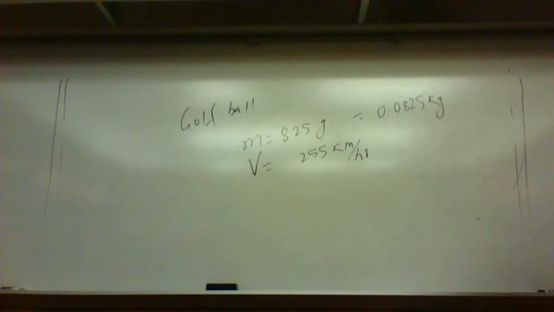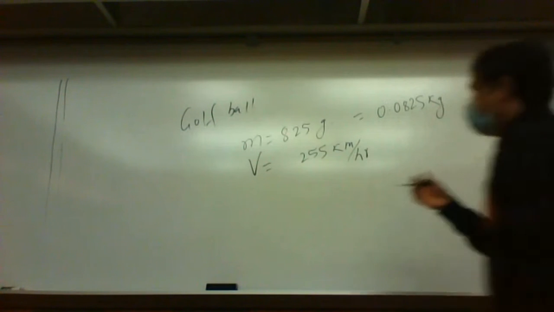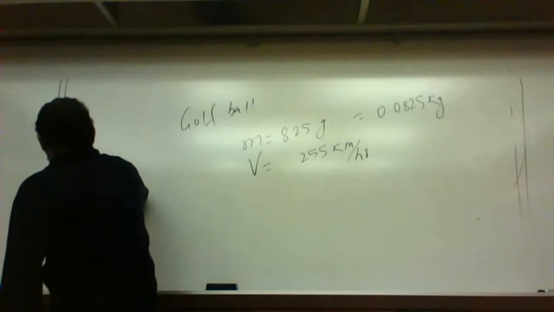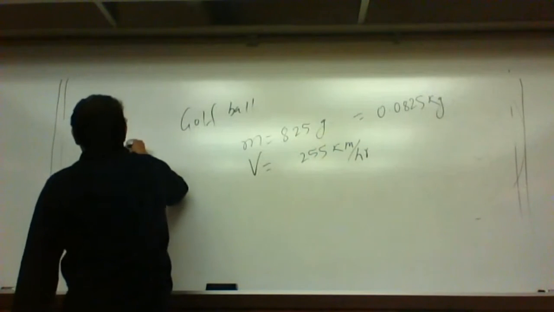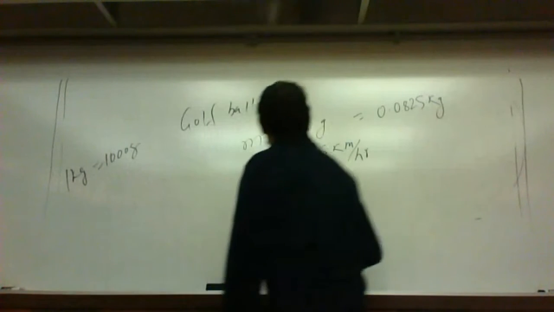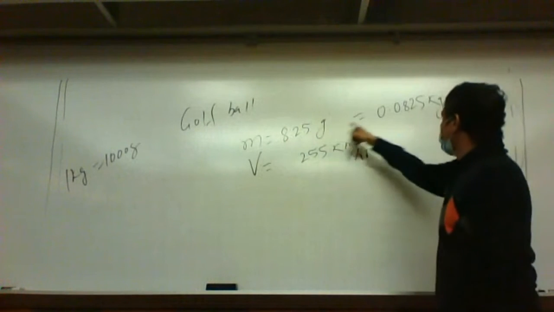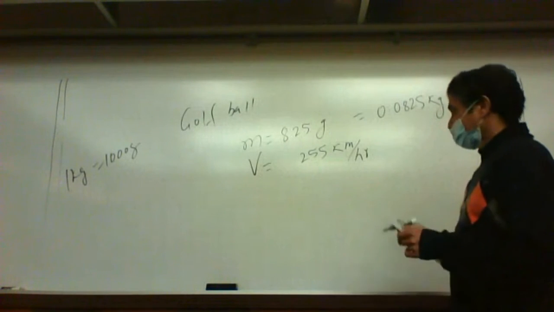If you don't know how to calculate, you can put it in the Google calculator, but the conversion factor is 1 kg equals 1000 grams.